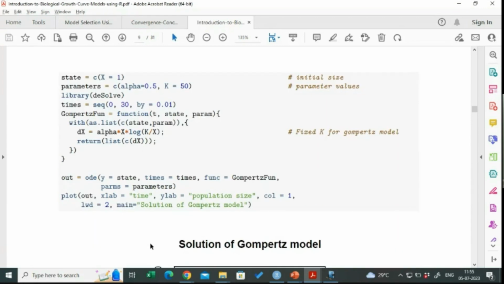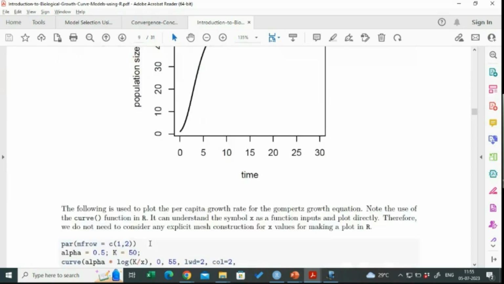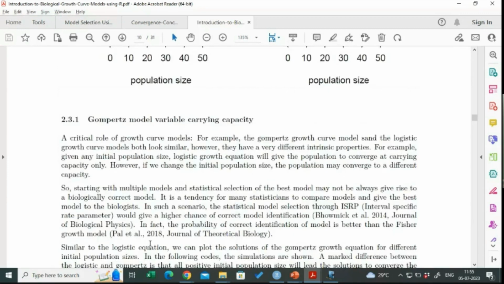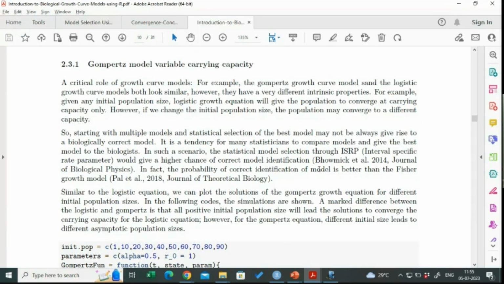Then the function ODE is there with which we can solve these particular equations. Similarly, there are other examples I have put here, and certain references as well.